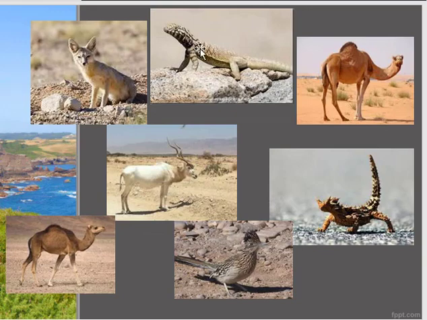Here's uromastyx from Africa that thrive in areas that get to 110, 120 degrees. Camels, roadrunners, American Southwest, you can find those. Fascinating little guys, little coyotes and jackals. Here's a little horned lizard, a moloch, from Australia.